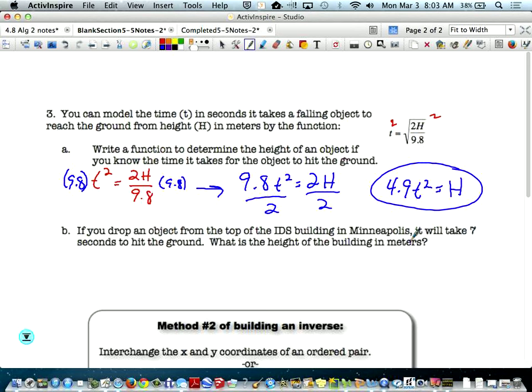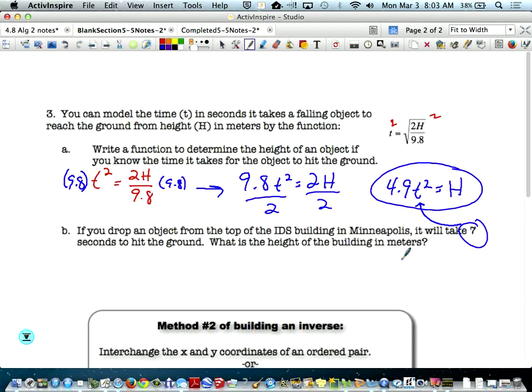So if you drop an object from the top of the IDS building in Minneapolis, it'll take 7 seconds to hit the ground. What is the height of the building in meters? So take that 7 seconds, and you can put it right there.